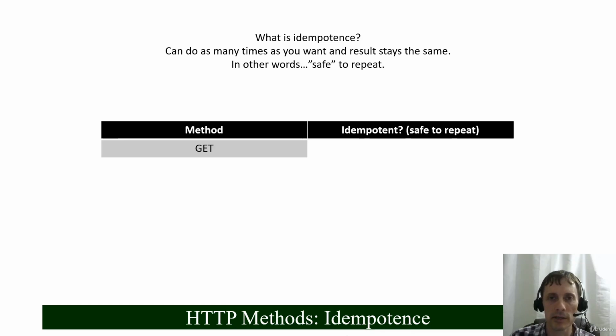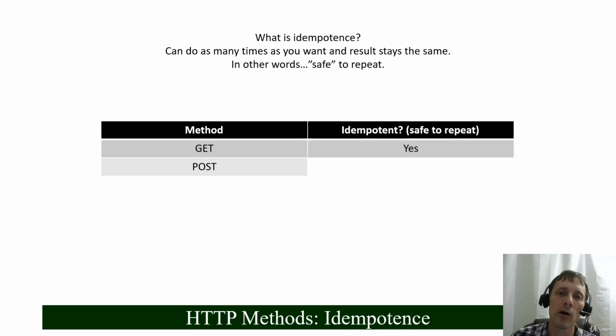The get method, is that safe to repeat over and over again? Example of the get method is the Google search on the term tuna. Yes, we can. You can do it as many times as you want, no effect. What about the post method, where we are creating a record? Can we do that over and over and over again?